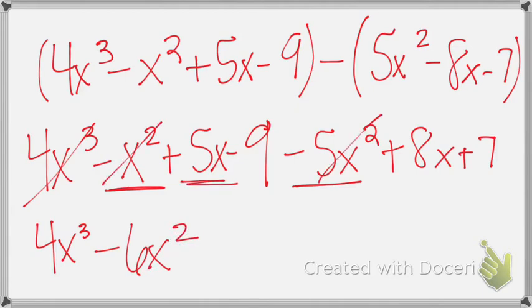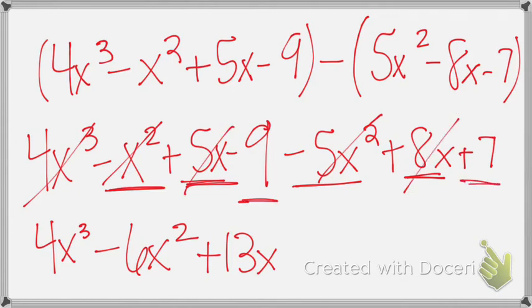And then a positive 5x and a positive 8x, which is 13x, good. And then we got a negative 9 plus 7, which only leaves us with, raise your hand if you got that. Good. Almost everybody. It's a plus 2. All right. Next.